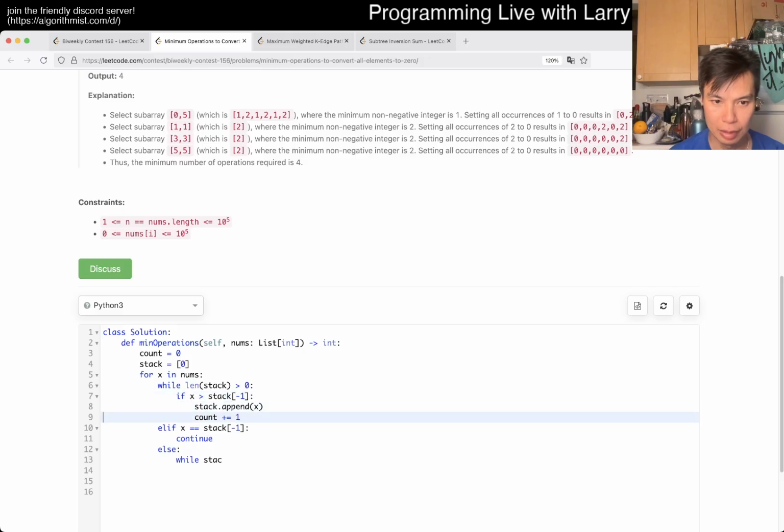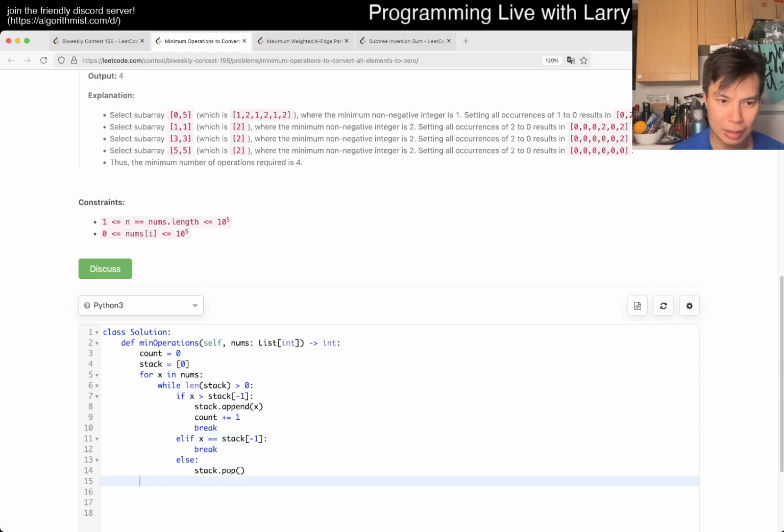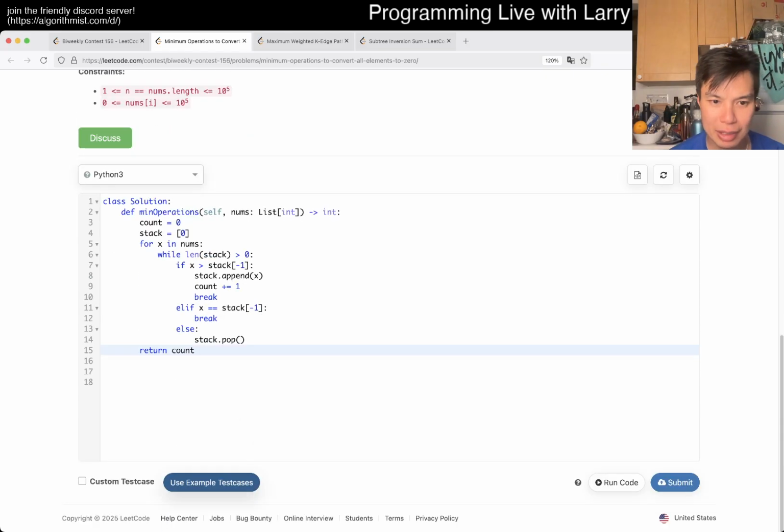And then here we break, right? Here we also break. Otherwise, if it's smaller, then we pop, because then now they're no longer connected, and then we go again, until it's one of these two. Maybe? Something like that?